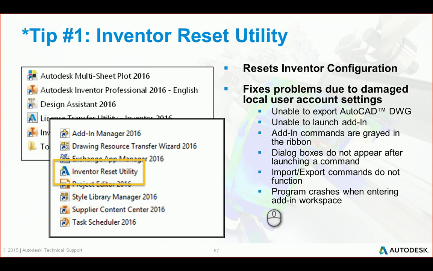We have found this resolves a wide number of problems that may have happened to the user's profile, and it solves a fair number of issues. What it does is make the application re-register with the operating system for the user, re-registering all locations, and then things miraculously start working as expected.